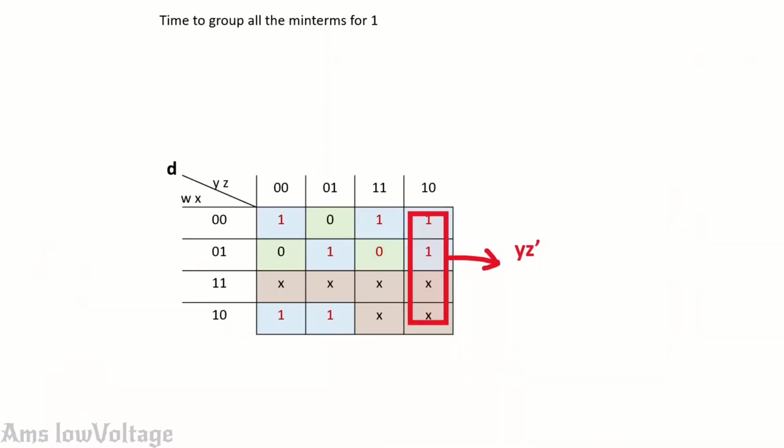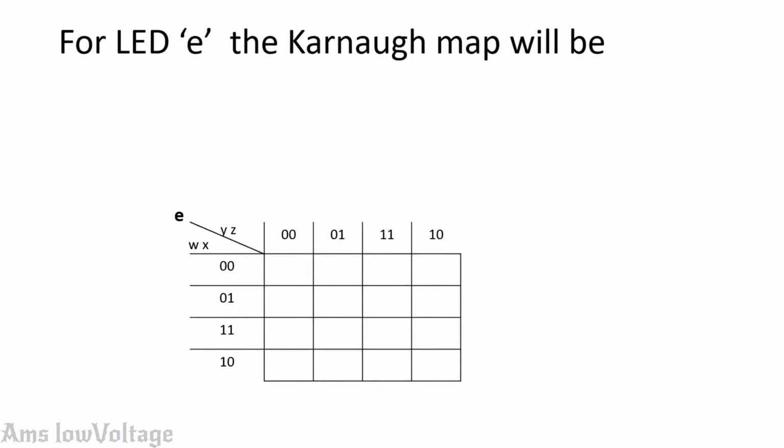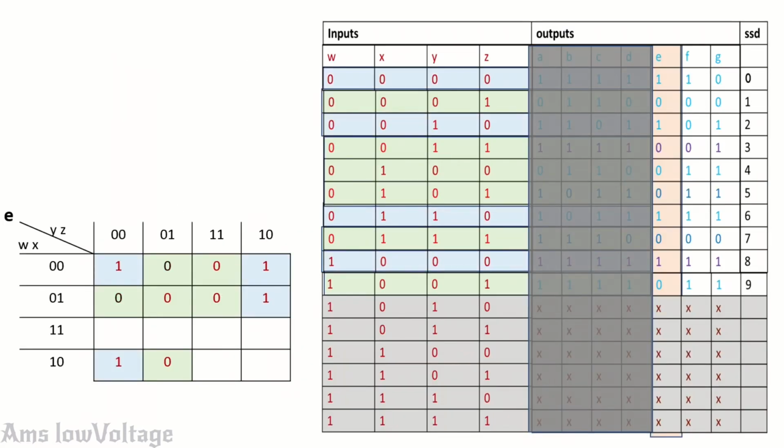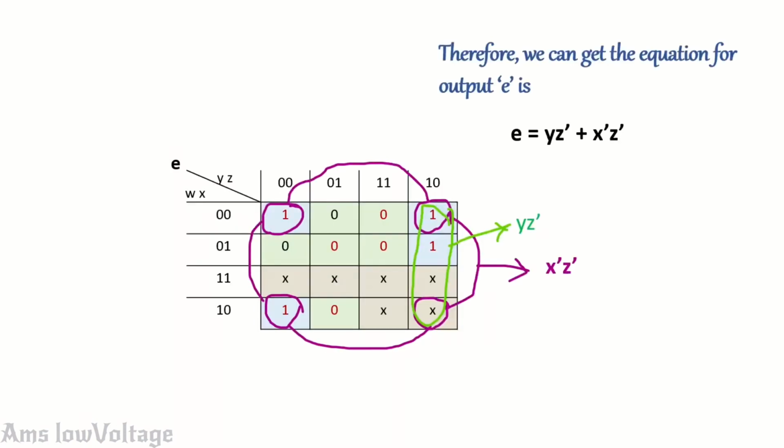And after grouping we have got this equation: D equal to X prime Z prime plus X prime Y plus Y prime Y Z prime plus W X prime plus X Y prime Z. This is the equation. So for E, this is the Karnaugh map, zeros and ones and don't care forms. We put them in this Karnaugh map, this is the group, and we can get the equation for E: E equal to Y Z prime plus X prime Z prime.